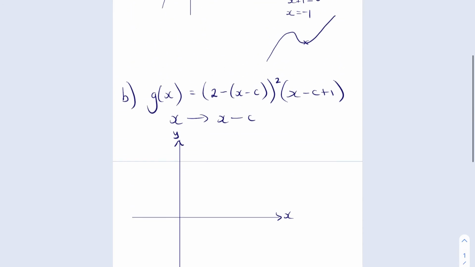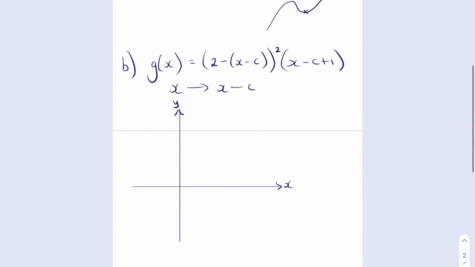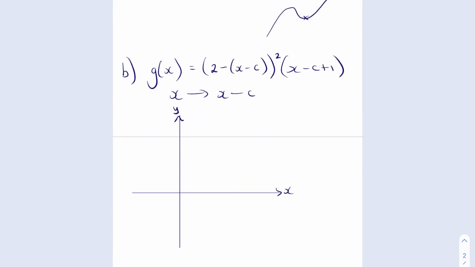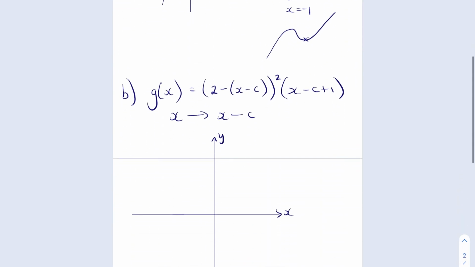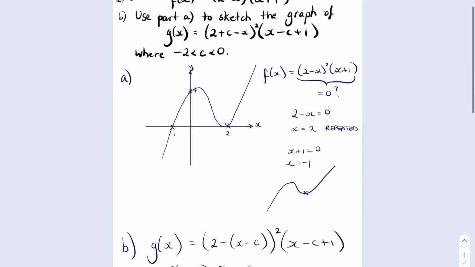So let's put some new axes on. Let's put my y-axis over here a little bit. The relevance of c being between minus 2 and 0, where c was originally moving it to the right, but actually it's moving it to the left because it's negative.